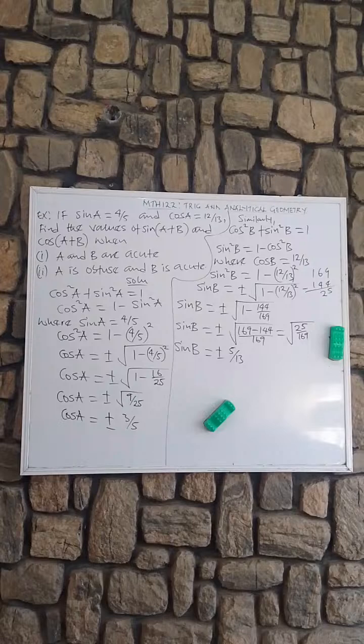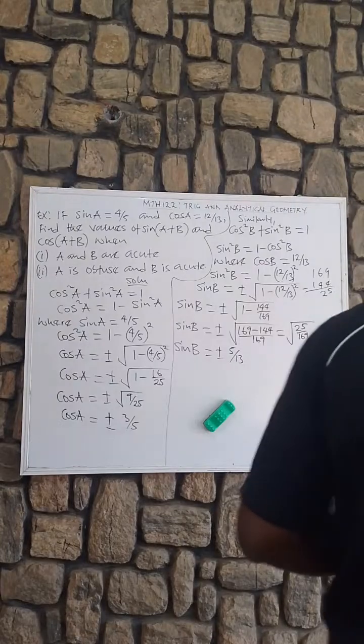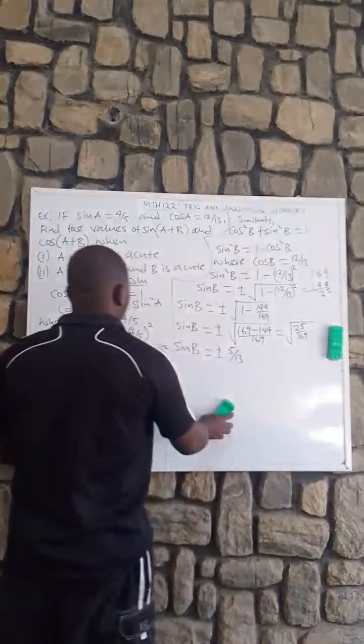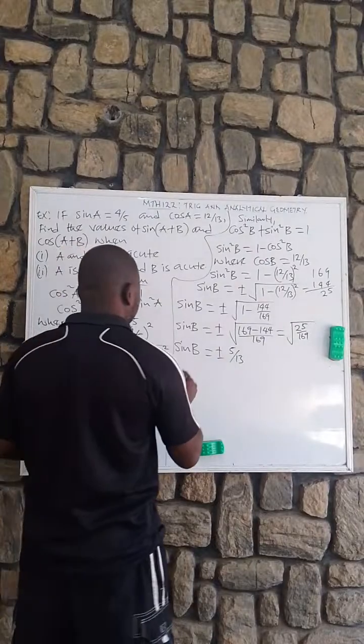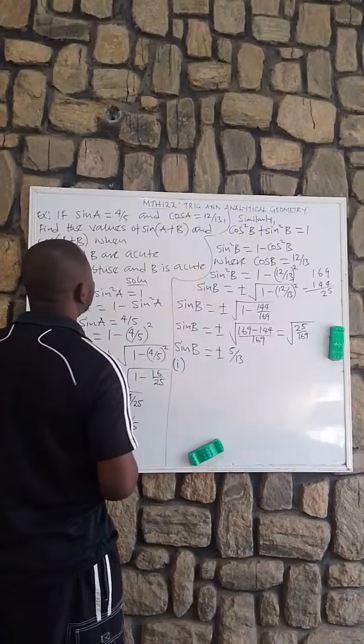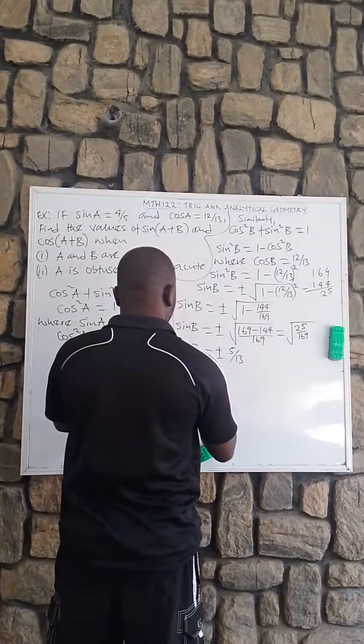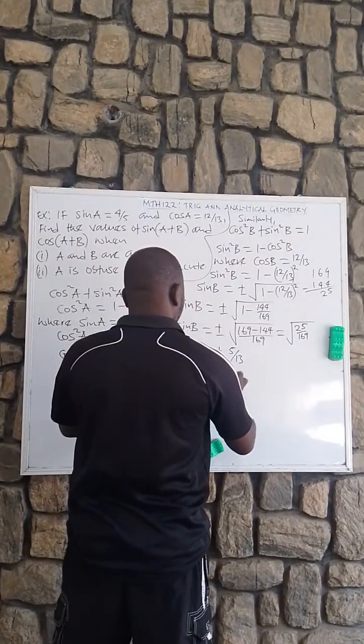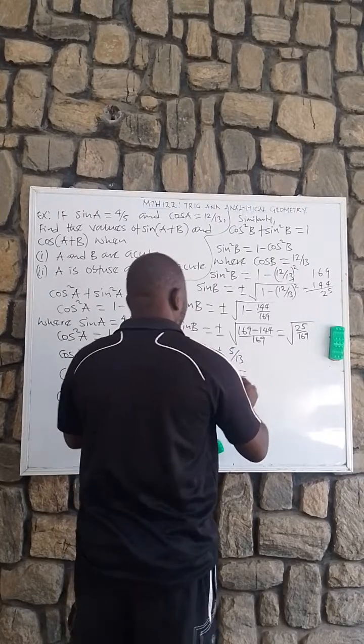For that to solve. Okay, so let's consider I. So our sine A plus B is equals to what?